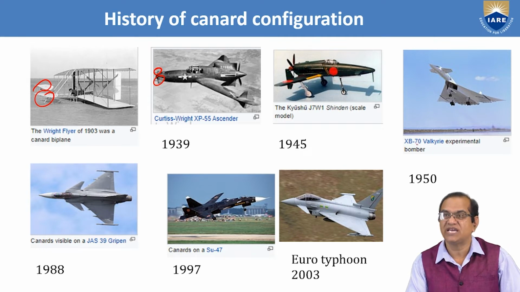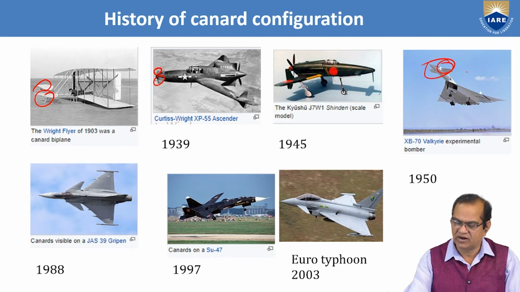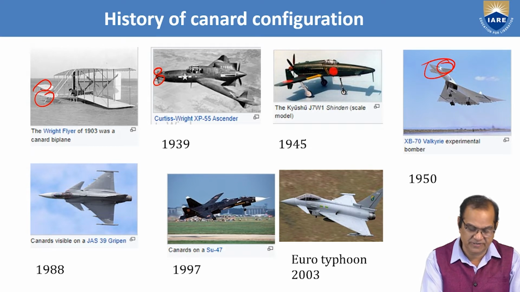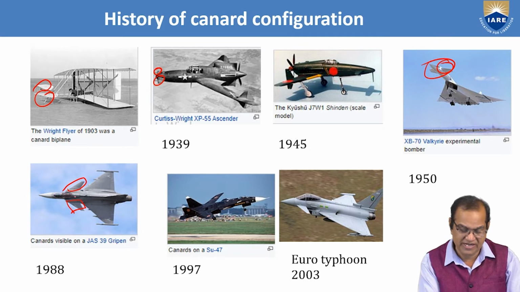Then we have a very experimental bomber, the XB-70. They also used a canard configuration, and also the JAS 39 Gripen. But you can see different locations are there. It is far away from the wing, and it is very close to the wing.